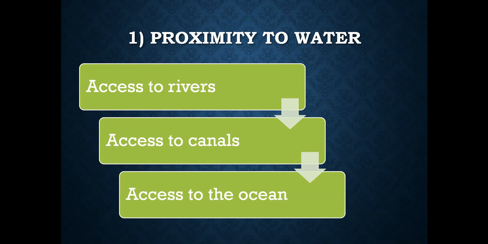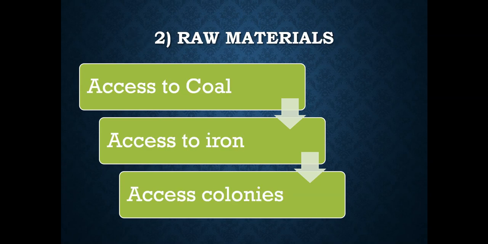So proximity to water was a fundamental component when it came to Great Britain dominating the beginnings of the Industrial Revolution.